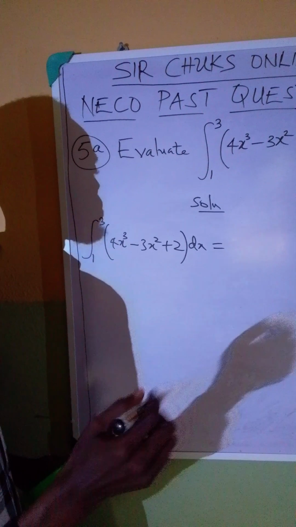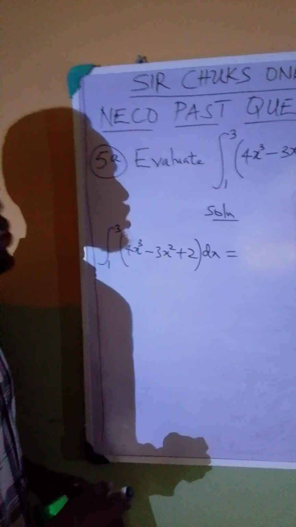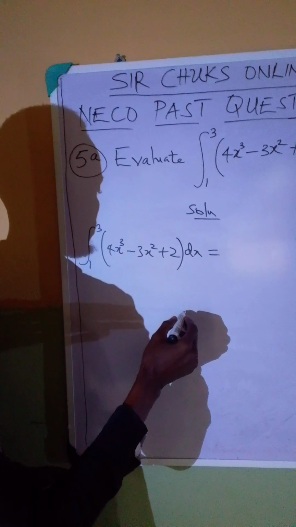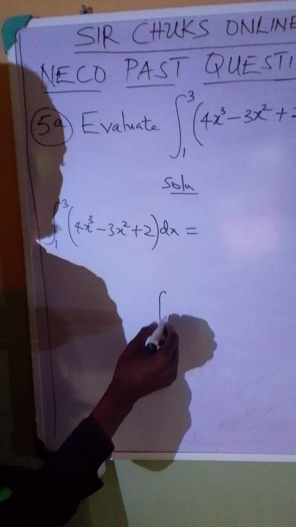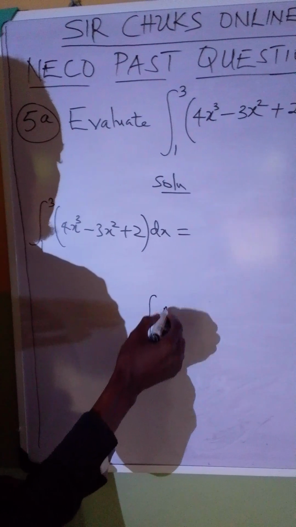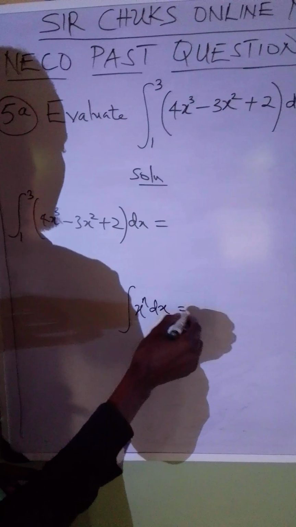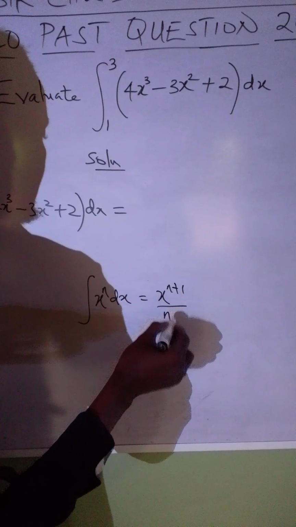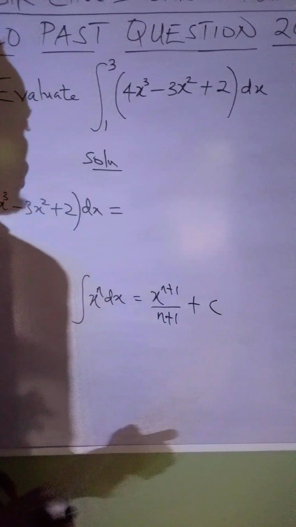Now I'm going to apply one of the rules of integration, which is the integral of x raised to power n dx is equal to x raised to power n plus 1 over n plus 1 plus c.